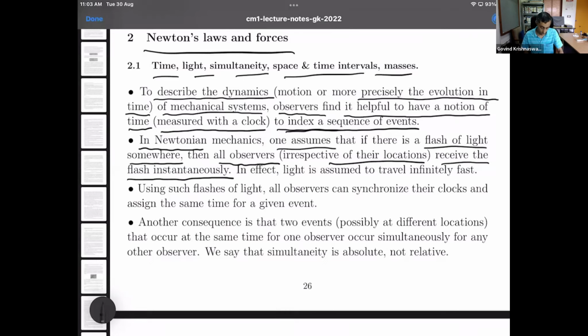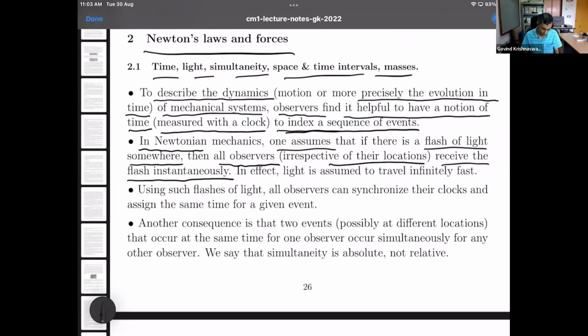I mean, if I break the walls and so on. But very importantly, we assume that all observers receive the flash instantaneously. There is no time elapsed between when the flash went off and when you received it. Okay, this is our very basic assumption in Newtonian mechanics. In effect, it means that light is assumed to travel infinitely fast. Okay, so this signal is a light signal, and we shall assume that it travels infinitely fast.